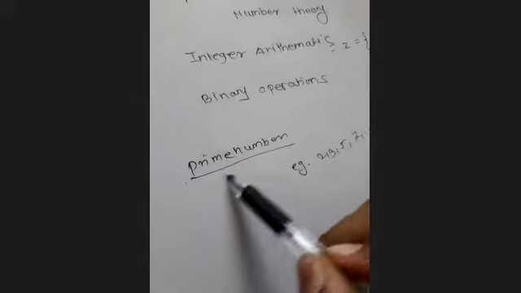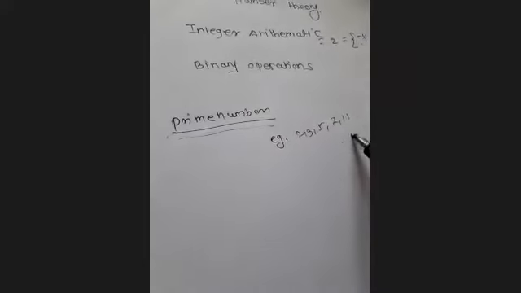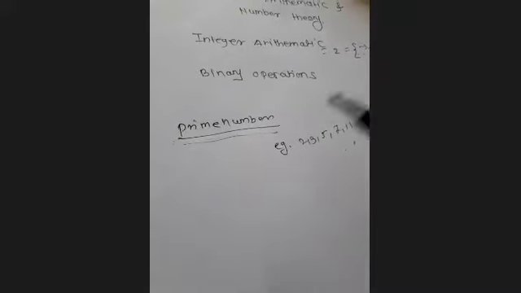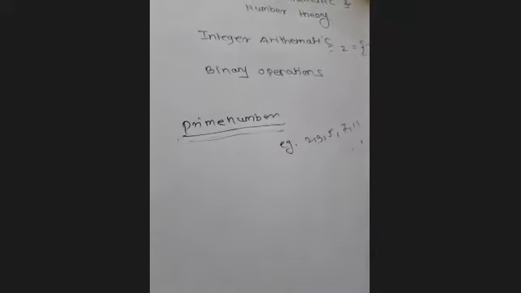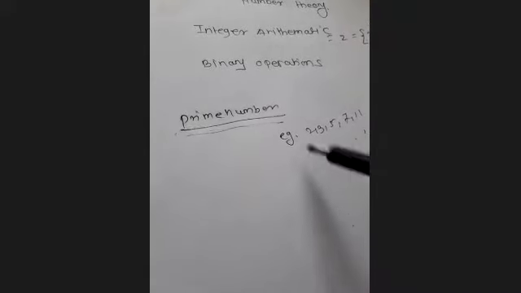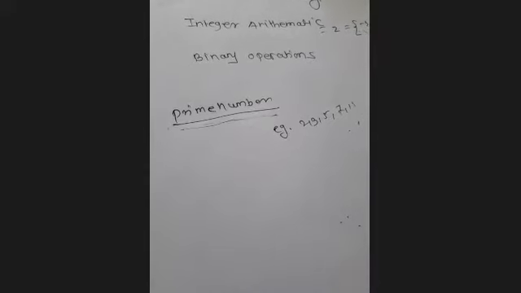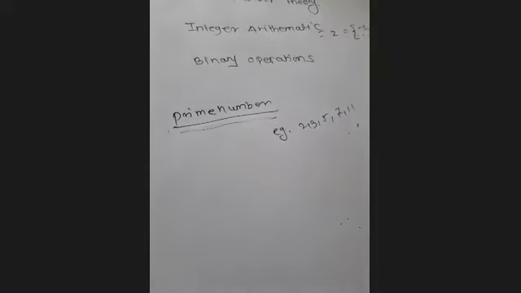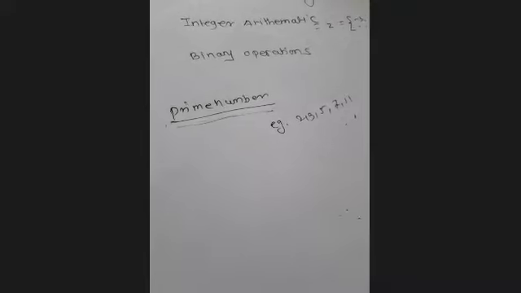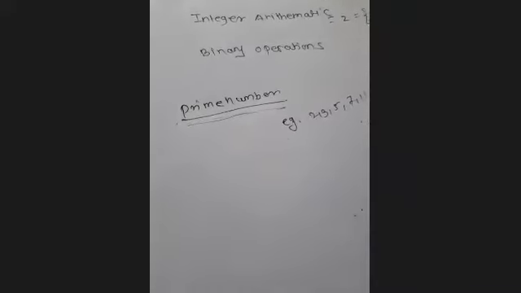I know you know the concept of prime number, but remember, prime number and then relatively prime number, these two terms are heavily used in the further algorithms, so you should know about the prime number as well as the relatively prime number.